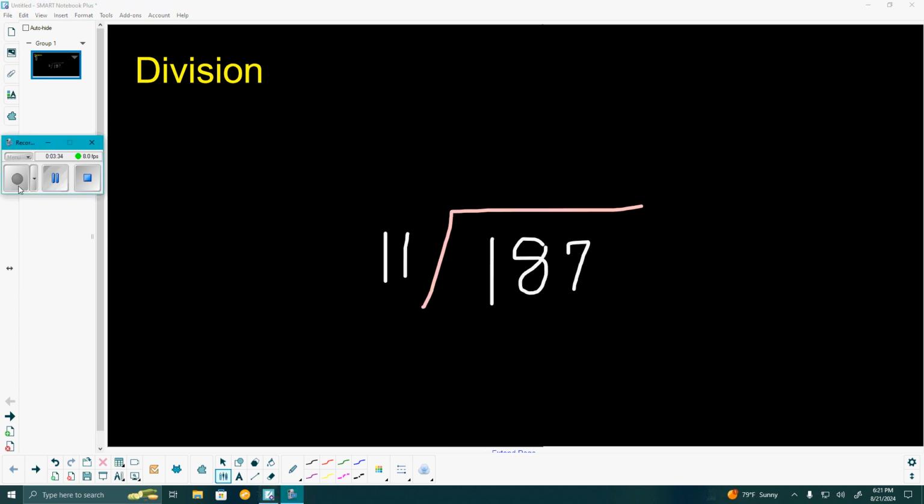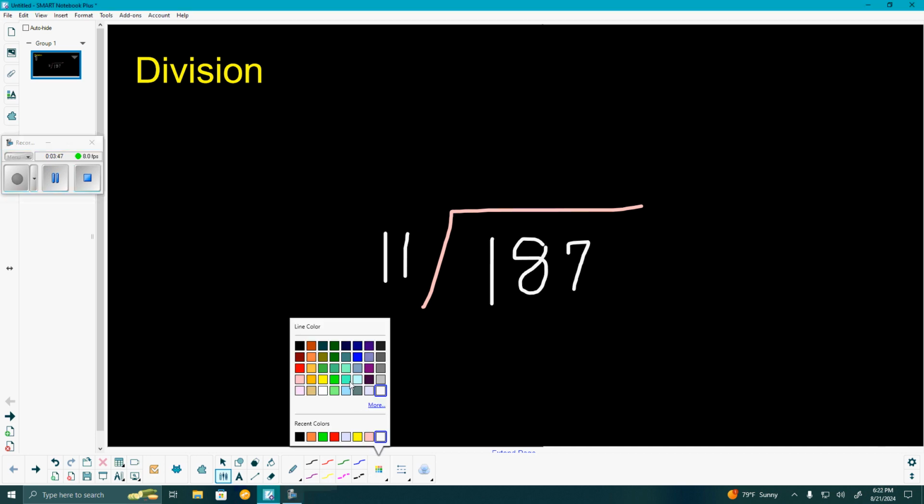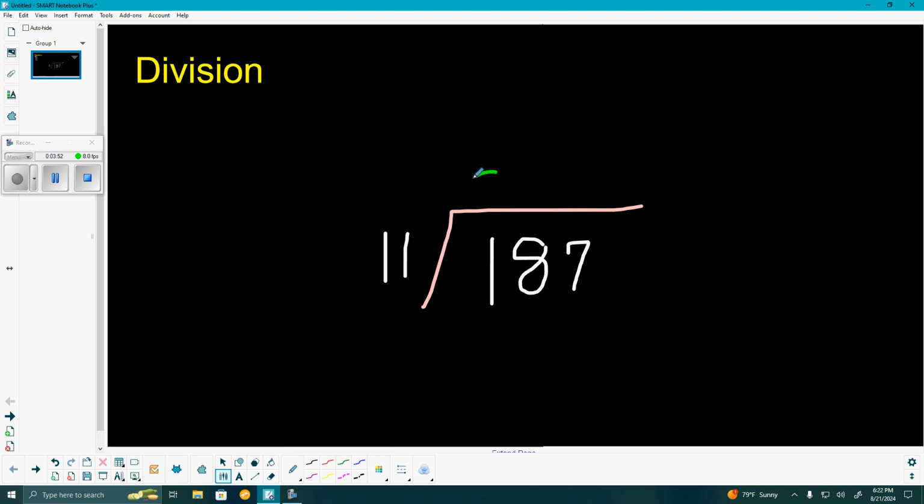All right, this time we are going to do 187 divided by 11. So our dividend is 187, our divisor is 11. Let's go ahead and get started. Let me switch colors here. I know that 11 can't go into 1, so I will put a 0. I know that 11 can go into 18 one time. 1 times 11 is 11. So I will do 18 minus 11, which is 7.